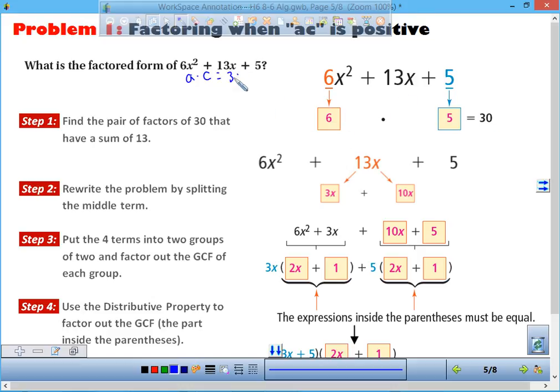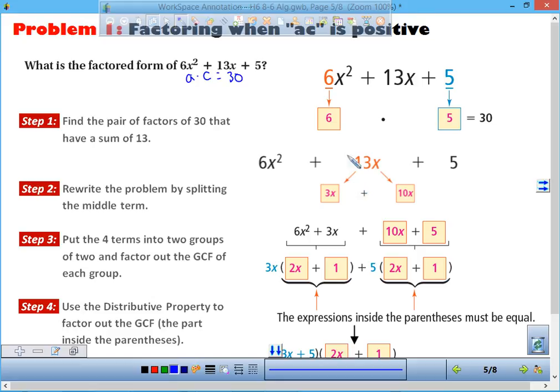So our a times c is 30. And just like we did in the last lesson, I want to find factors of 30 that add to give me b, which is 13. Now our factors of 30 that give us 13 would be 3 and 10. So I'm going to split the 13x into 3x and 10x.